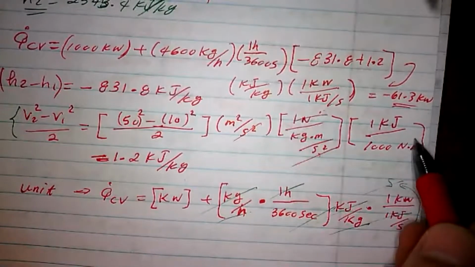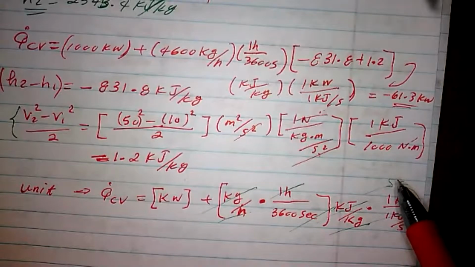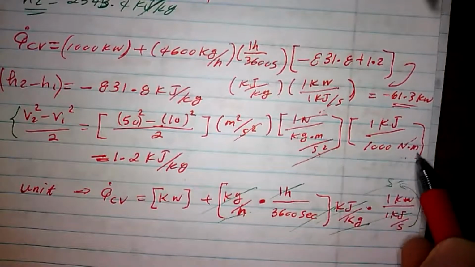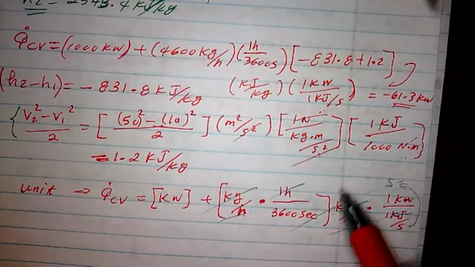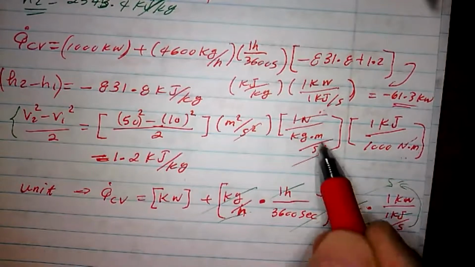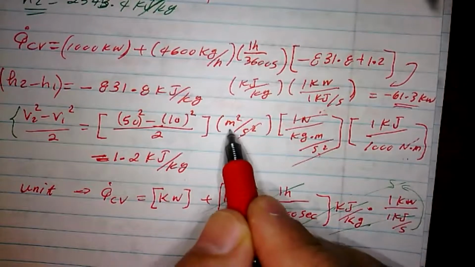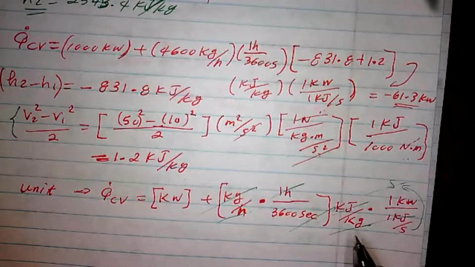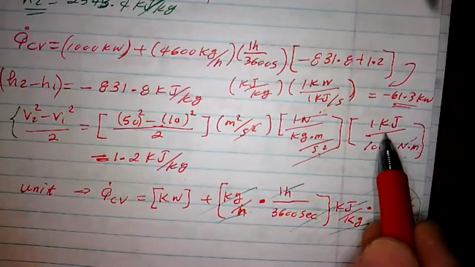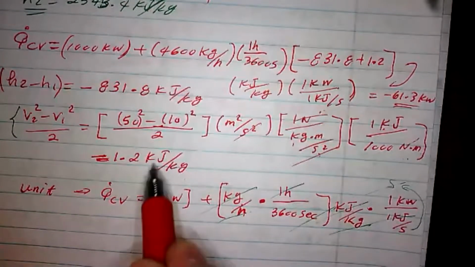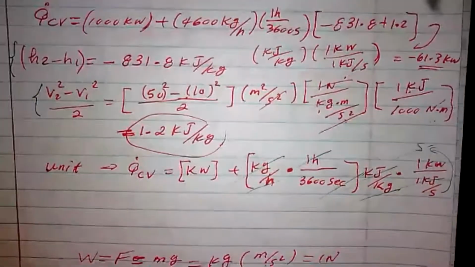Newton will cancel with the Newton here, and meters times meters is a meter square, so the numerator and denominator will cancel each other out. So the leftover is kilojoules per kilogram. So that is what we need.